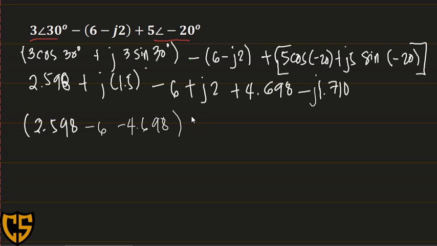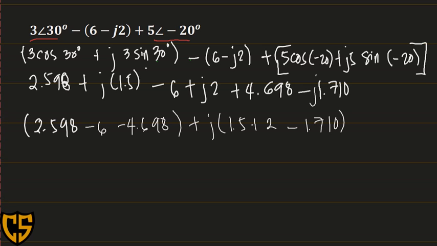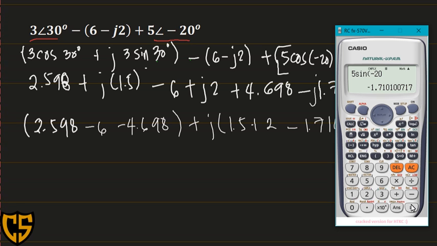Then plus j times 1.5 plus 2 minus 1.710. Then we are going to perform our mathematical operation: 2.598 minus 6 minus 4.698.